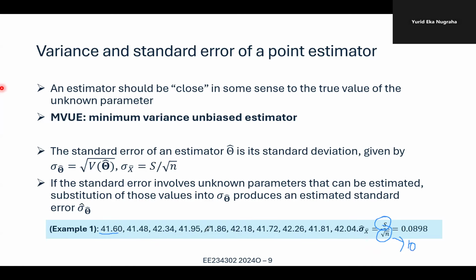You can, of course, compute the variance, and then you can get the standard deviation. And the sigma hat of x bar here is 0.098, which is the estimated standard error of the mean.